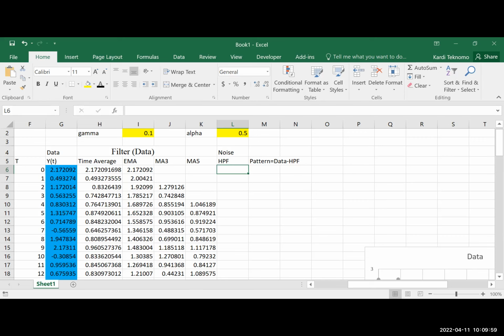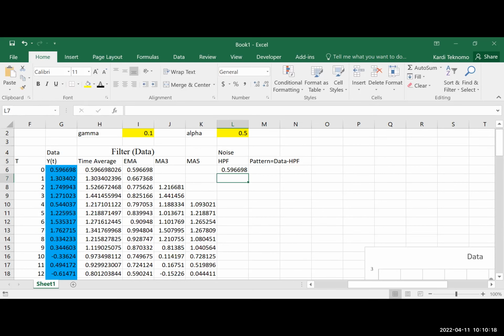Okay, so what is the formula? Alpha multiplied by the previous value. So in that case, I need an initial value. The initial value is the same as your data. The first one equals the data itself.